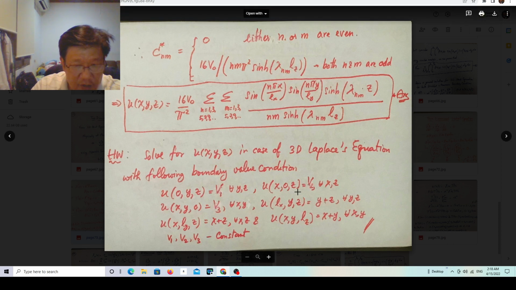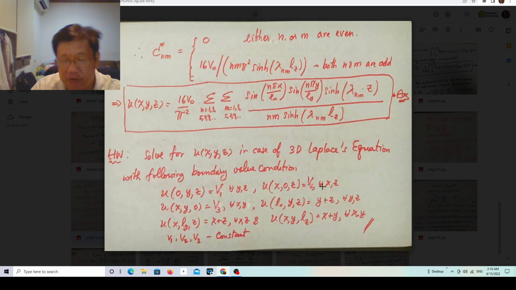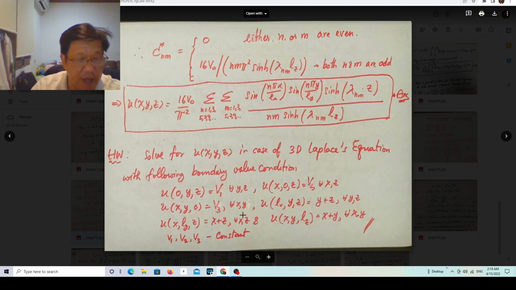Three of the sides of the boundary condition in three dimensions have constant values v sub 1, v sub 2, v sub 3, and then the upper limit becomes a function that relies on the remaining two domains. You go and try to figure it out based on the knowledge that you learned from this clip. Then we will have a tutoring session to review how to solve this type of problem again.